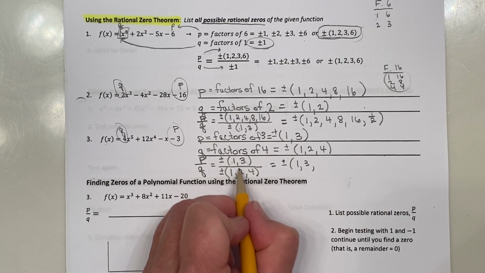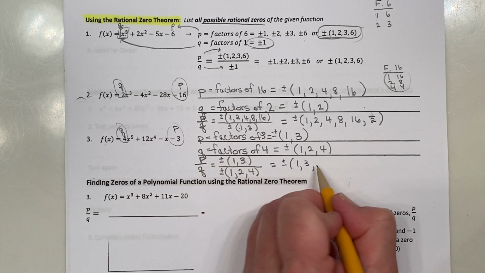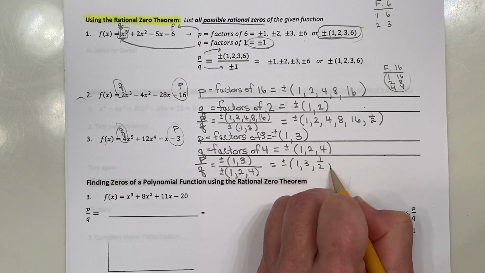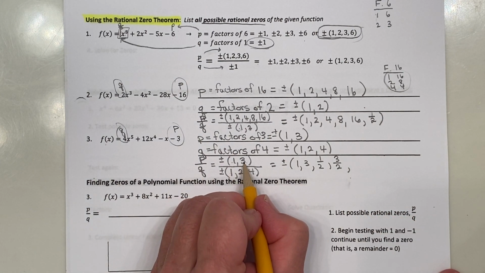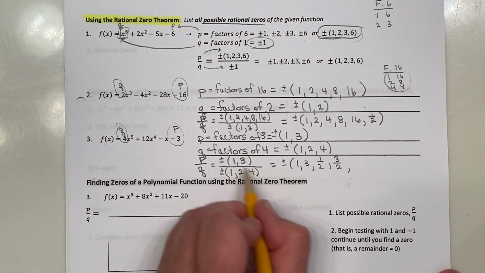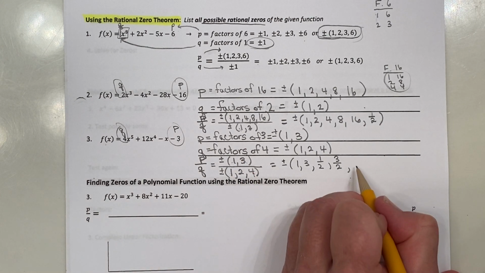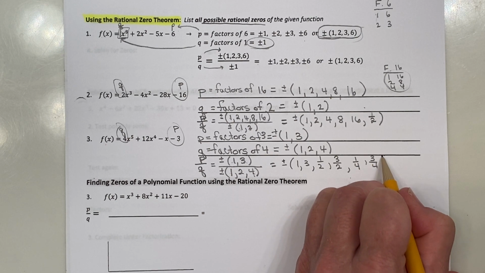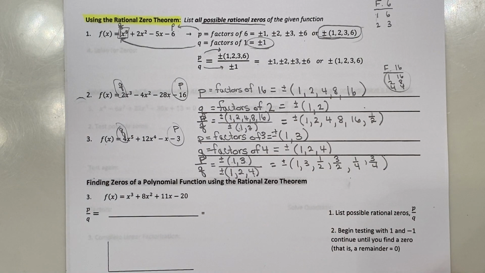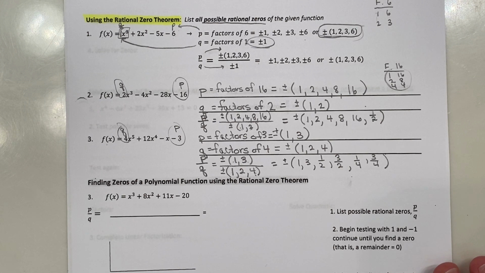So one at a time, 1/2 and 3/2. Now I've got to take 1 and 3 and put it over the 4. So 1/4 and 3/4. And yes, they're out of order, and that's okay. It's just the way we organized our work in generating the P over Q list.